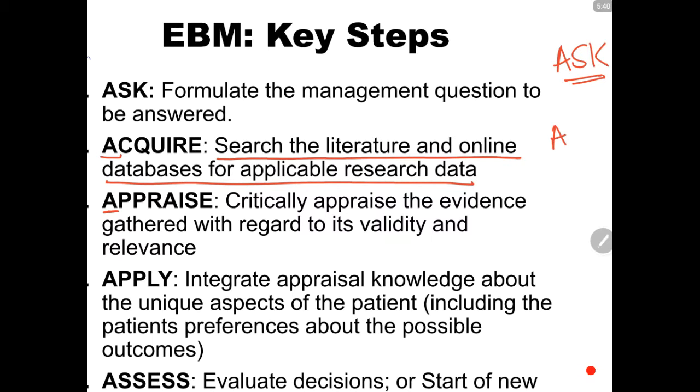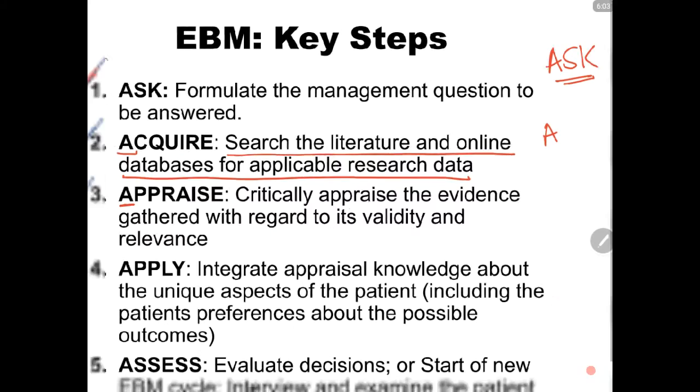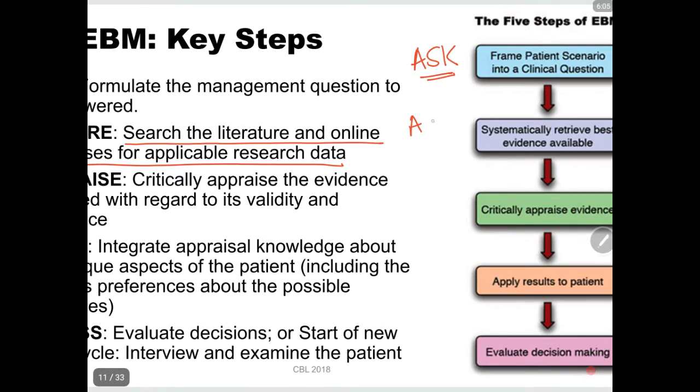By the way, we have an UpToDate subscription in our hospital. And then, there's Cochrane, the TRIP Database, DynaMed, BMJ. So far, those are usually the only ones I use in acquiring evidence for EBM.